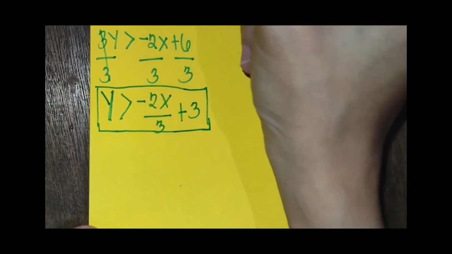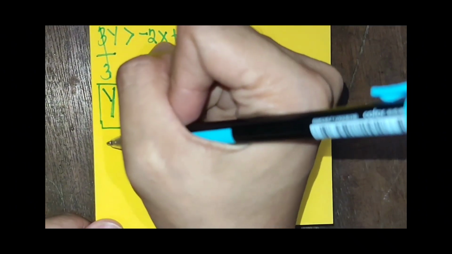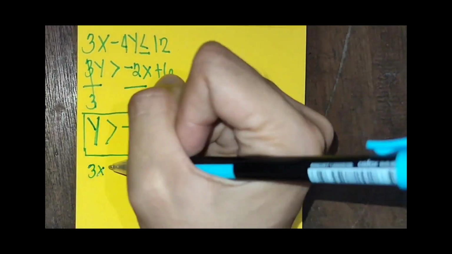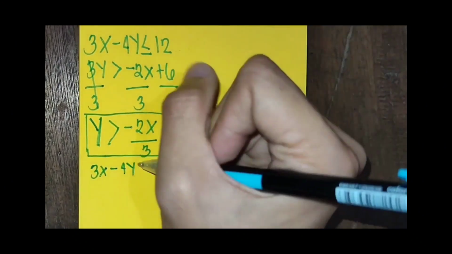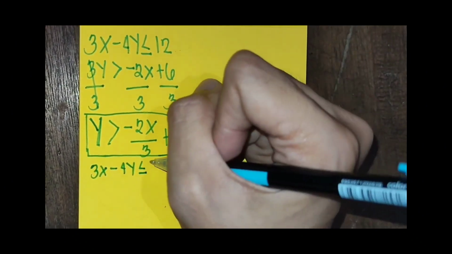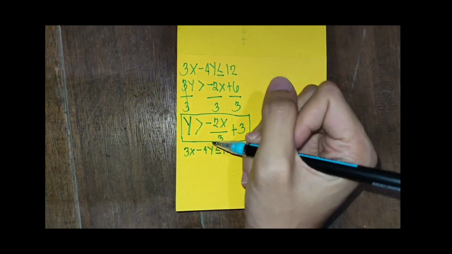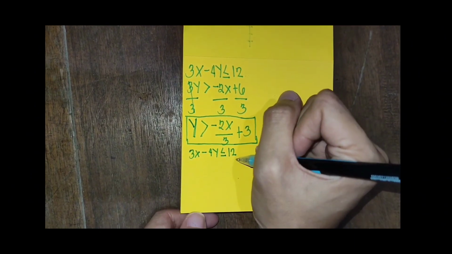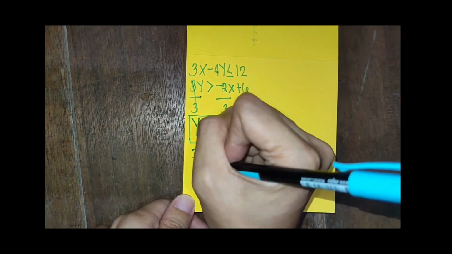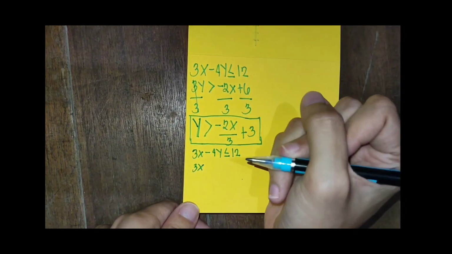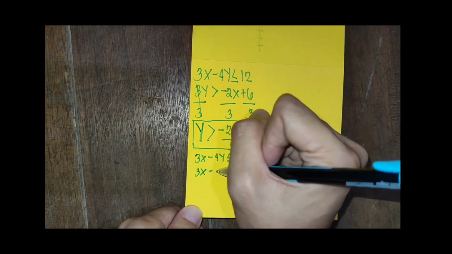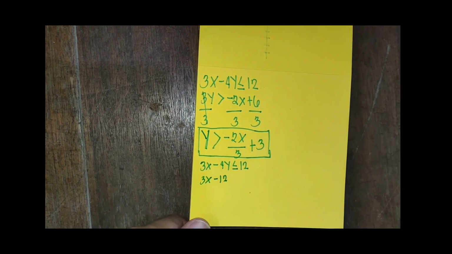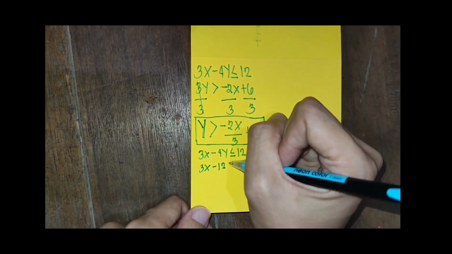So, sunod naman is next equation, 3x minus 4y less than or equal to 12. So, pagpapalitin lang natin tong negative 4y siyaka 12. So, 3x, magiging negative na tong 12 kasi nilipat natin siya. Magiging less than or equal na to.